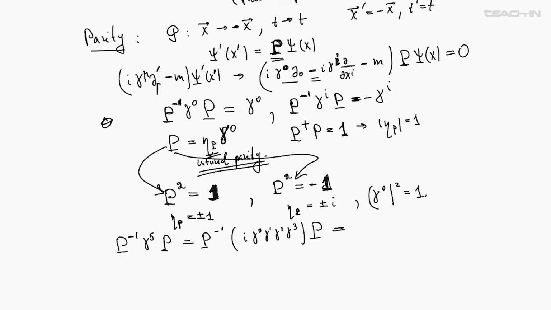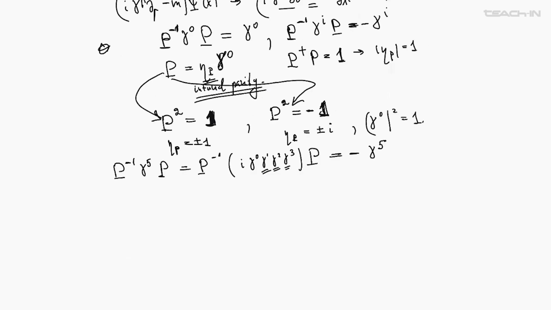Gamma 0 anti-commutes with gamma 1, gamma 2, gamma 3, but commutes with itself. And so as a result, you will have here minus gamma 5. So the matrix realizing parity anti-commutes with gamma 5.